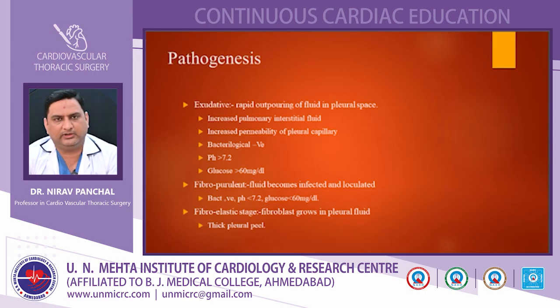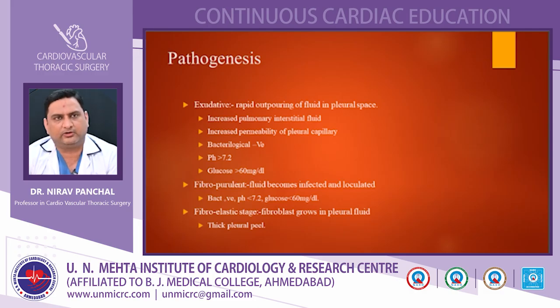When this pleural effusion persists after the exudative stage, it gets converted into the fibropurulent stage. In this stage, the fluid becomes infected and gets loculated. It is bacteriologically culture positive, with pH less than 7.2 and glucose content less than 60 mg per dl.